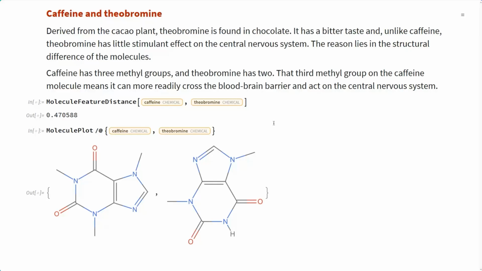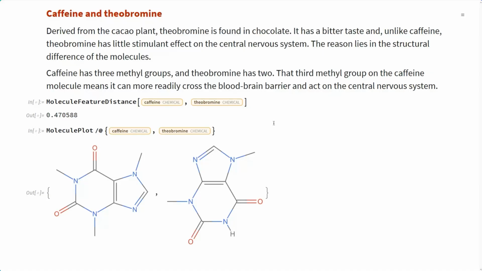The molecule feature distance there is 0.47, so a little more dissimilarity than the ones we were just looking at. But if you look at the structure, caffeine has 3 methyl groups and theobromine has 2. And that third methyl group on the caffeine molecule means it can more readily cross the blood-brain barrier and act on our central nervous system.